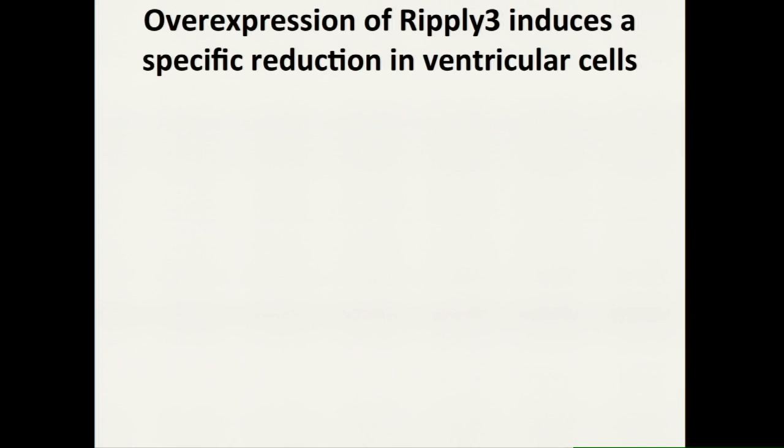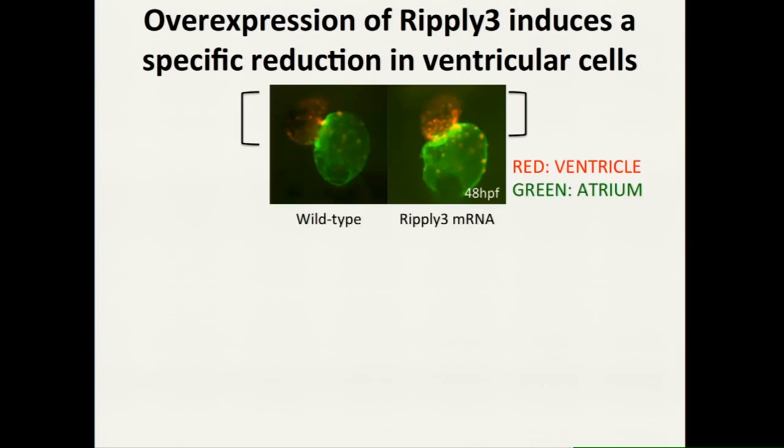Since we identified Ripply3 as a potential effector of HDAC1, we would like to see whether overexpression of Ripply3 can induce a similar phenotype as we saw in the crack embryos. We injected the mRNA of Ripply3 and looked at the heart at 48 hours.